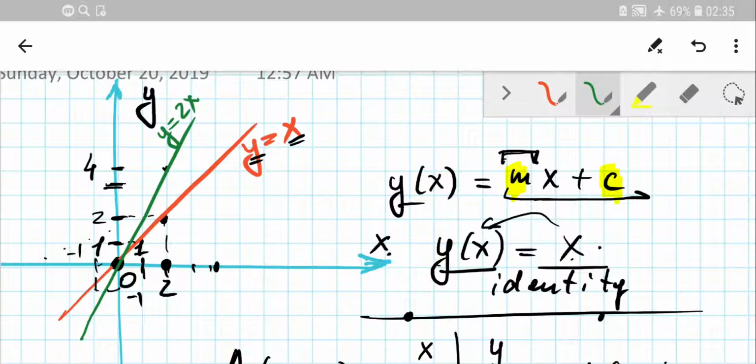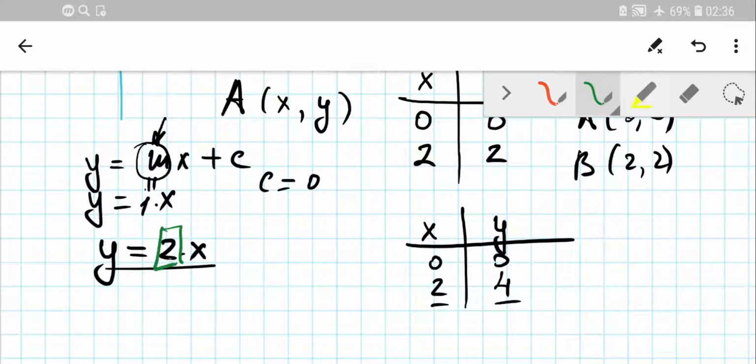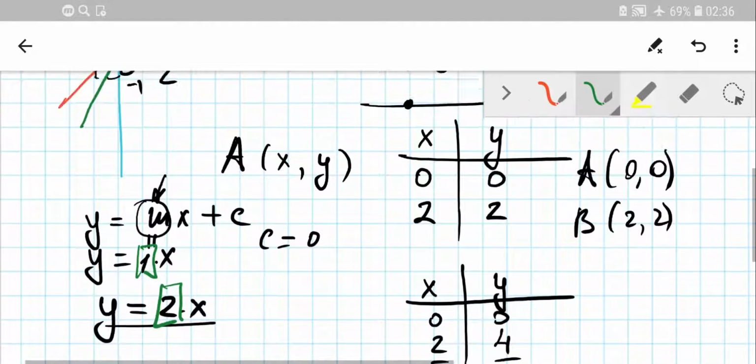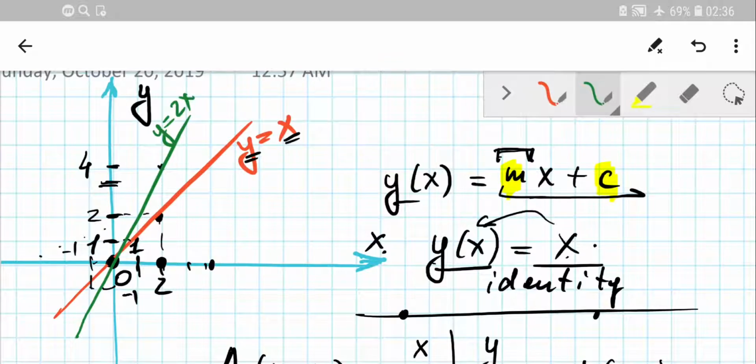And it's really the right time to understand the influence your coefficient m has on how your line behaves. So we understand that the larger the coefficient here in comparison with the previous line, the steeper the line.